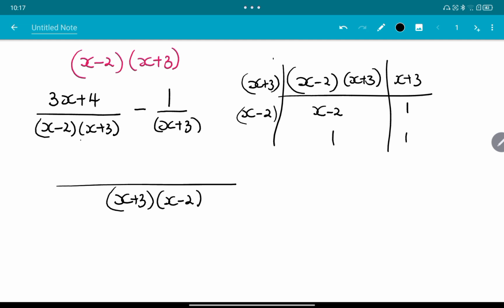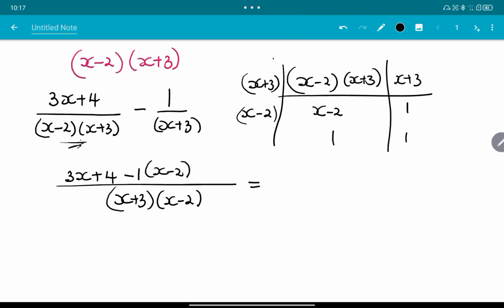How many times does this factor go into our LCM? It is 1, because it's the same thing. So we'll get 3x plus 4 minus, how many times does x plus 3 go into this one? Since x plus 3 is present here, it means it will go x minus 2 times the one we had there. We really don't have to write the 1, but it's okay even if you write it, no harm.